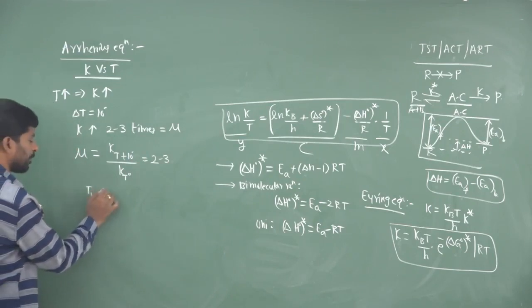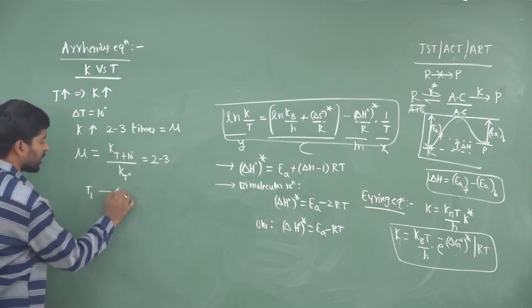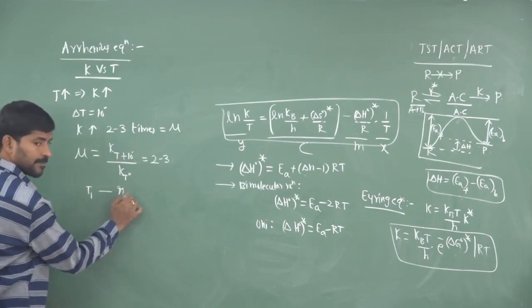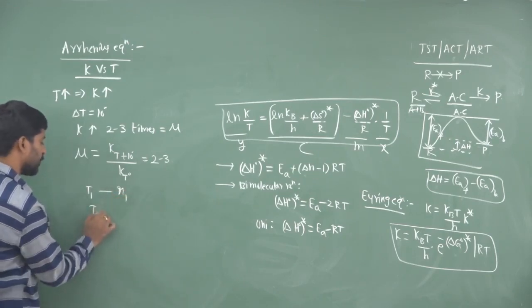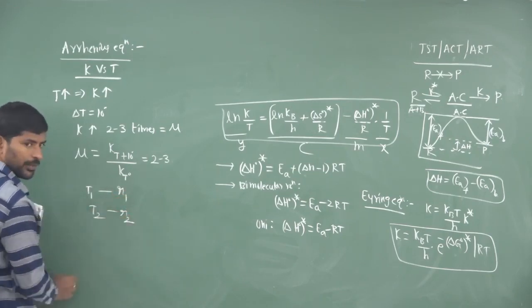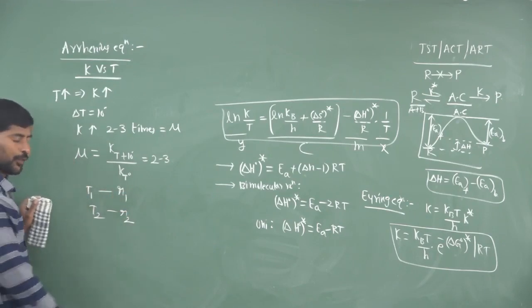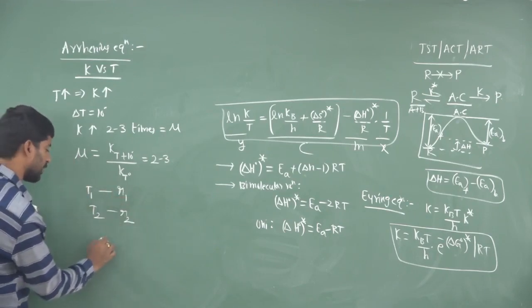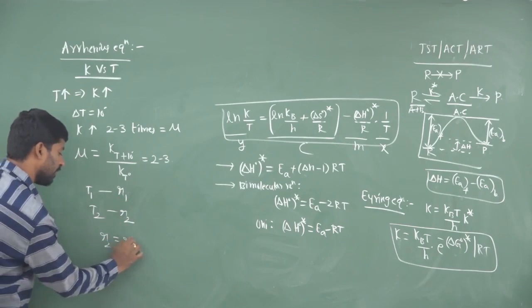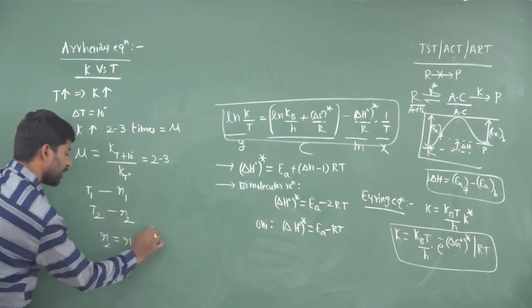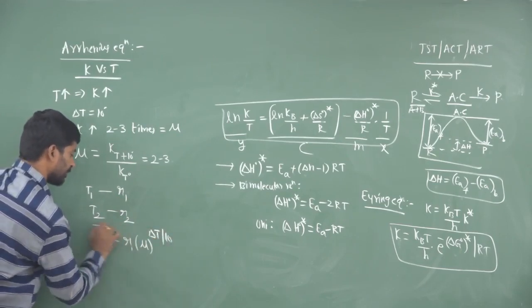If at temperature T1 the rate of reaction is R1, and at T2 the rate of reaction is R2, and the temperature coefficient is mu, then what is the relation between R2 and R1? R2 is equal to R1 into mu power delta T by 10.